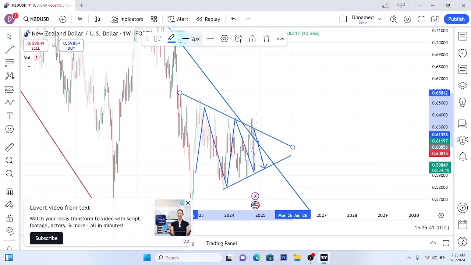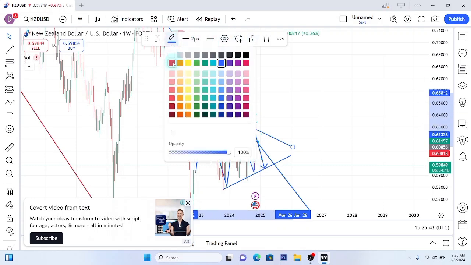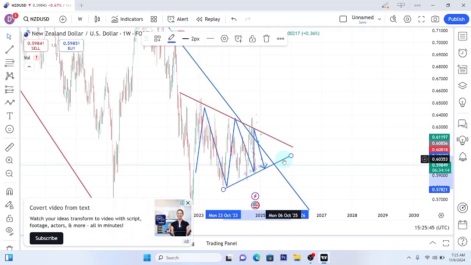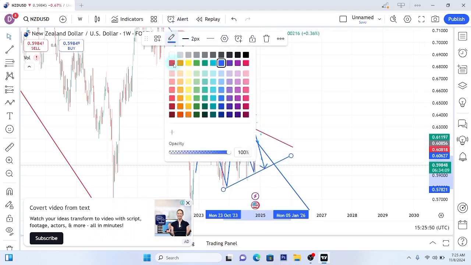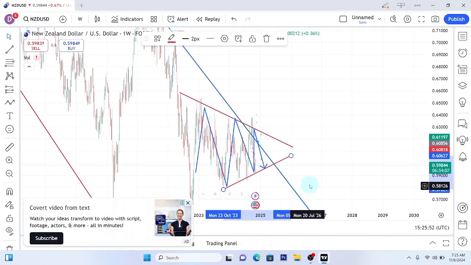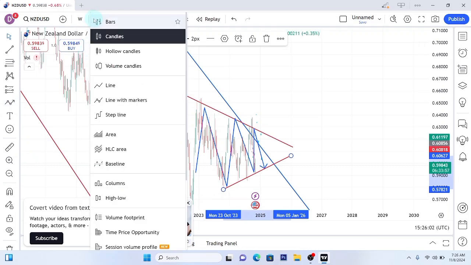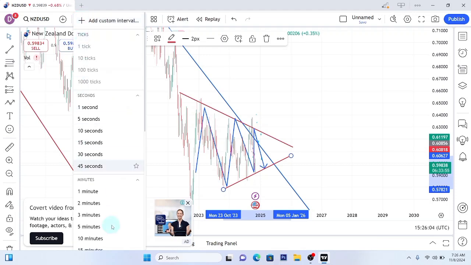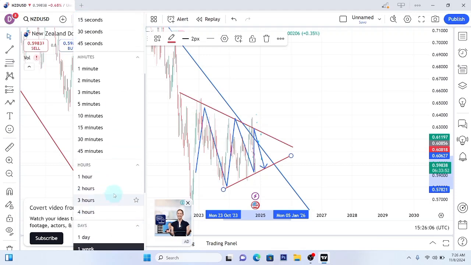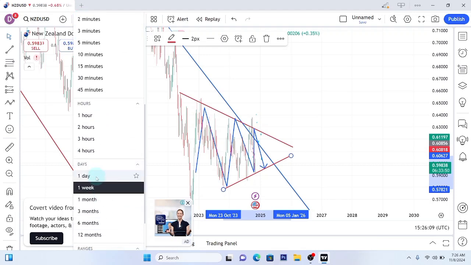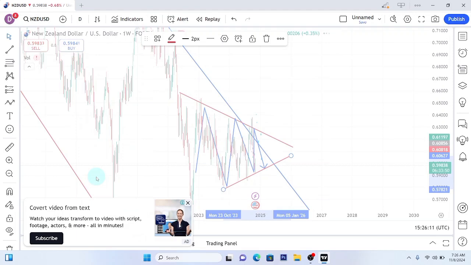If we plan to trade this market, knowing that it's a consolidating market, we have to mark the strong resistance and support zone. Now let's go to the daily chart and see what we can find on the daily chart.